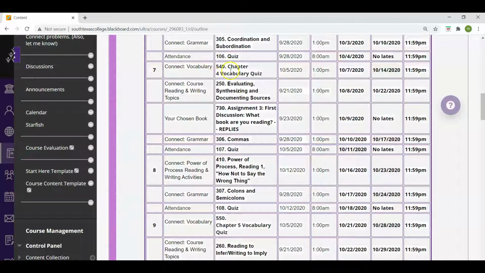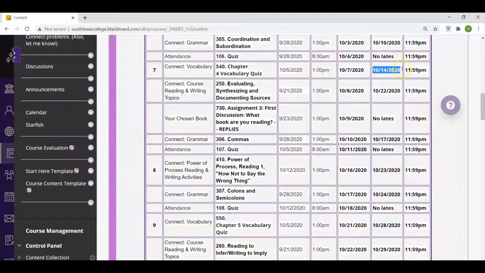But it's already there, right? This vocabulary quiz, as I speak, is already available on Connect. You can go in there and do it, and you have till October 7th, which is the on-time deadline, or till October 14th, which is the late deadline. I don't take points off for late work.